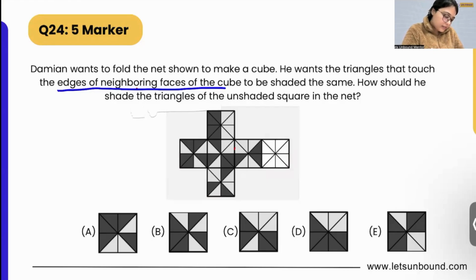So let me give some marking. This side, I can call it 1. Then this one, let me call it 2. And I've marked here also 2 to make it quite easy.